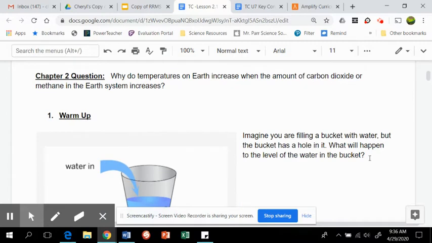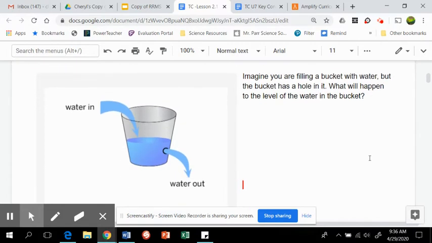Imagine you are filling a bucket with water, but the bucket has a hole in it. What will happen to the level of the water in the bucket? Okay, so you're imagining this. You have to type in, what do you think would happen to the level of water in the bucket? Pause the video if you need more time.